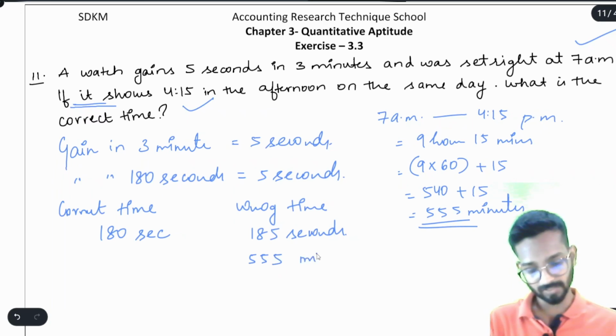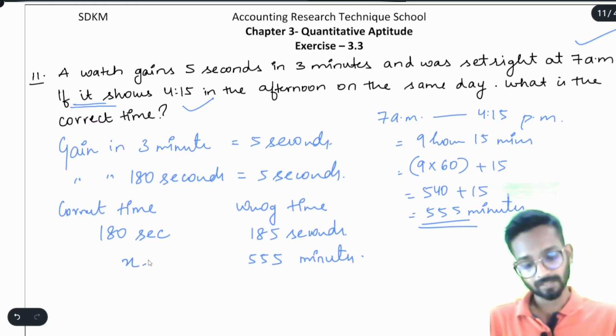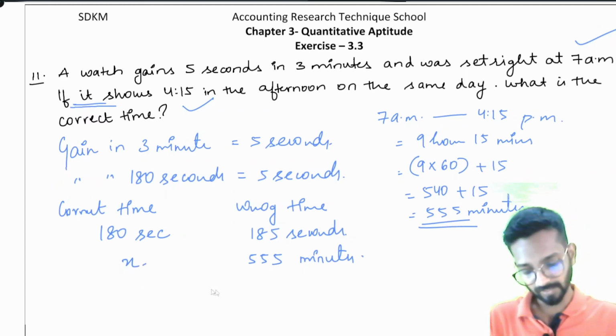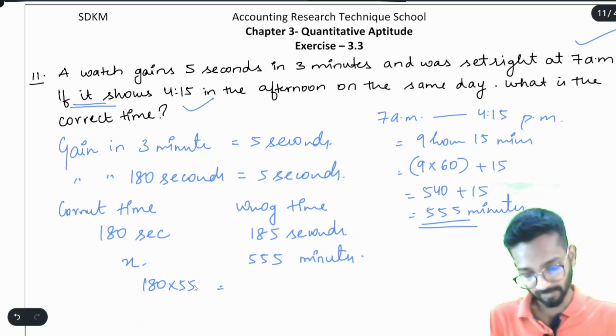Correct? So now when the wrong time is 555 minutes, what is the correct time? This is how we have to find out. So to find it, we can write 180 multiply 555, cross multiply 185 x.